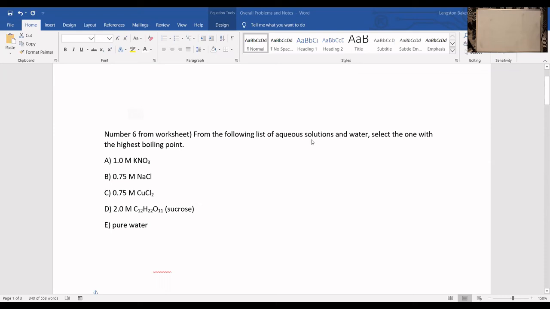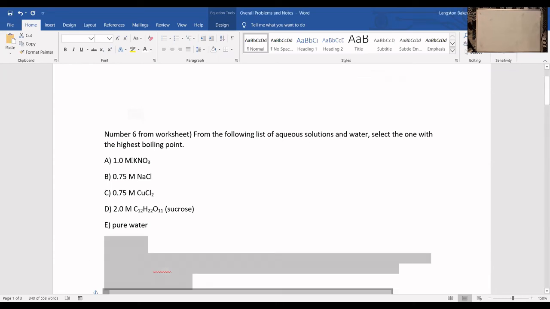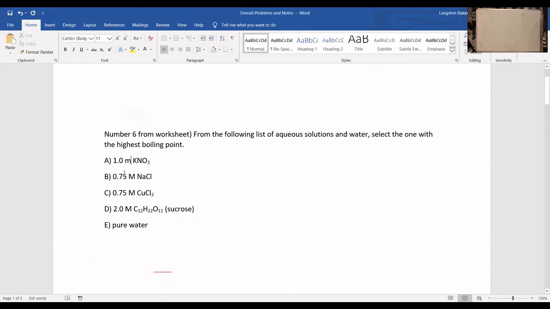Okay, so here we got some solutions going on. What's these little m's? I want these to be little m's. Okay, that's better.